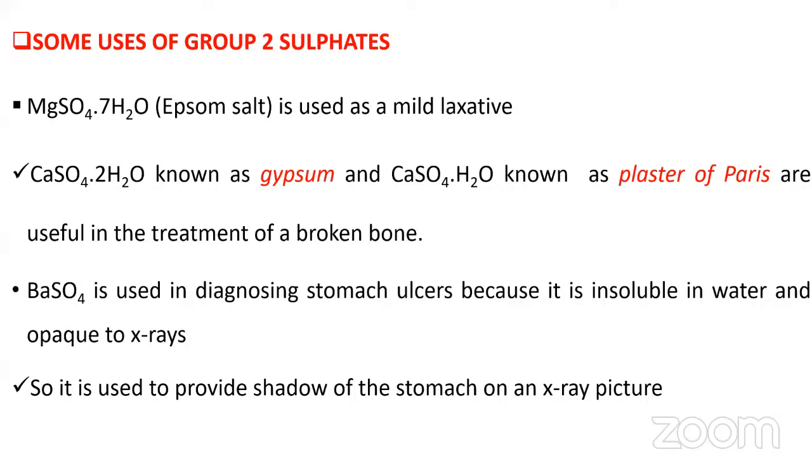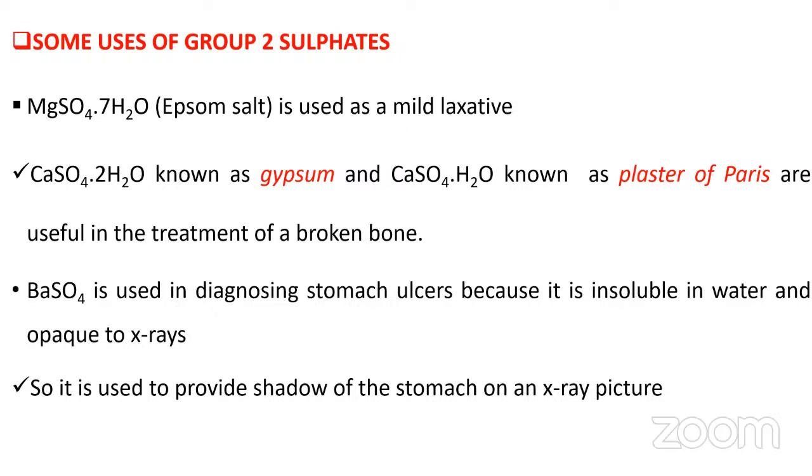Your calcium sulfate, as I told you, is thoroughly soluble in water, and it's known as your gypsum salt. And because it's thoroughly soluble in water, that is why it's used in your POP, your plaster of Paris. So you can use it in the treatment of broken bone. Also, it is used for making the ceiling, that is your plaster of Paris.